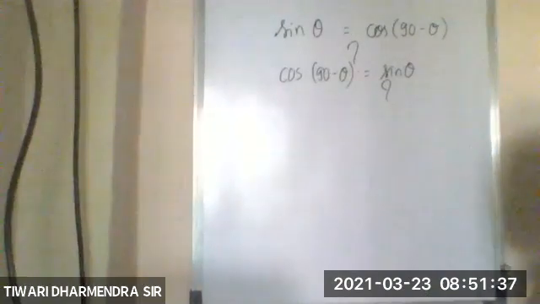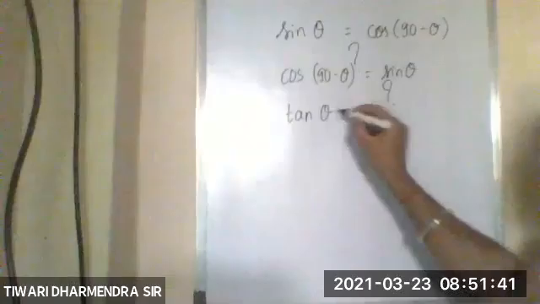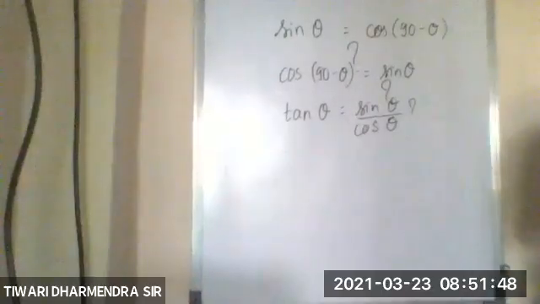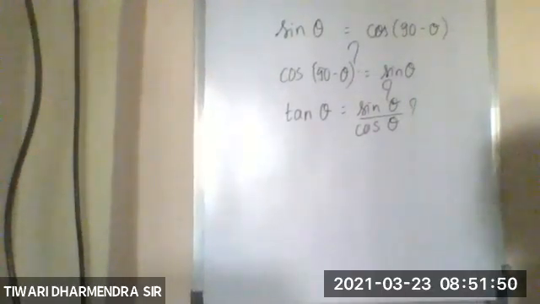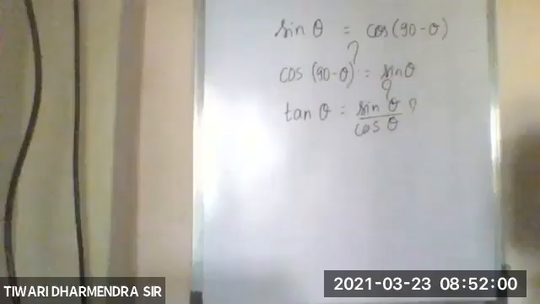This is also a question mark. How can tan theta be written as sine theta upon cos theta? So in this lecture we will see how we can derive a relation between sine and cos, cos and sine, tan, sine and cos.